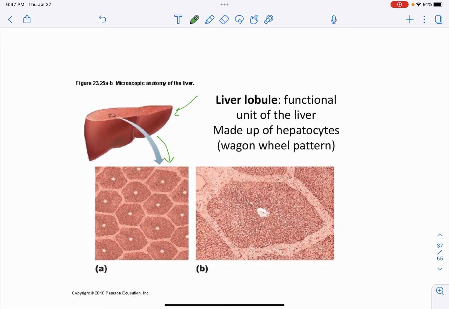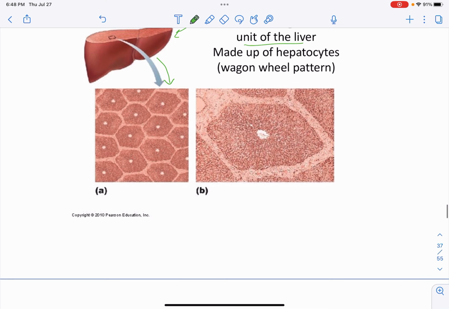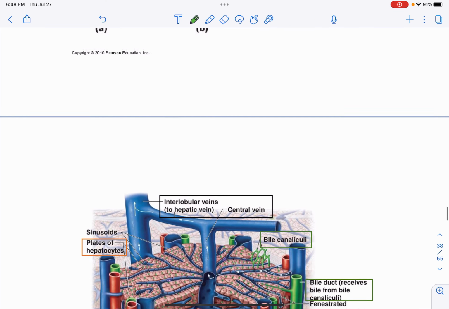This is actually the functional unit of the liver, and it is called a liver lobule. I'm going to spend some time describing to you what this liver lobule does. There are many thousands of these liver lobules within the liver. So let's take a closer look at that.